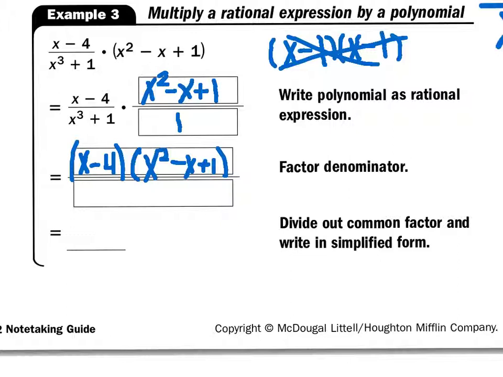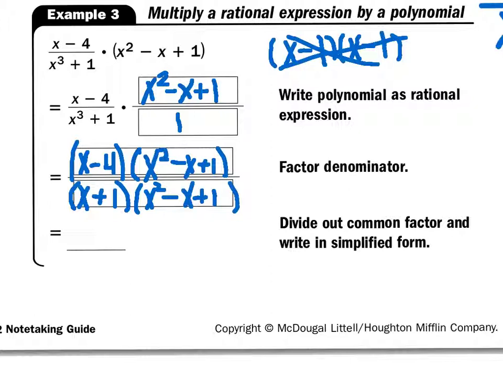Well, that's a sum of two cubes, and the pattern for that was a, so a was x, plus b, b is 1, and then we turned this into a polynomial: a squared, so x squared, minus a times b, so 1 times x is x, and then plus b squared.